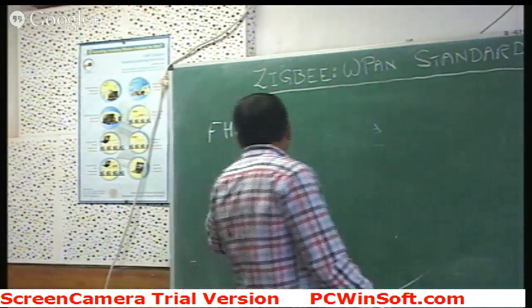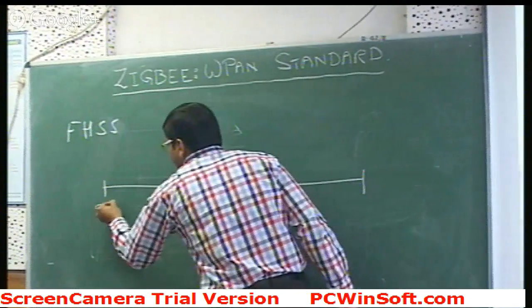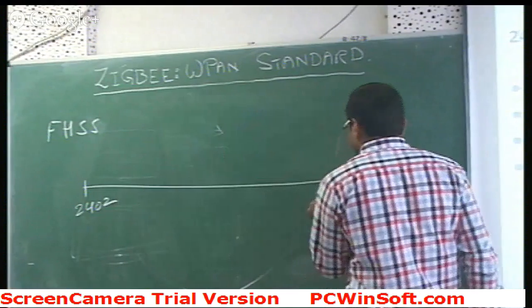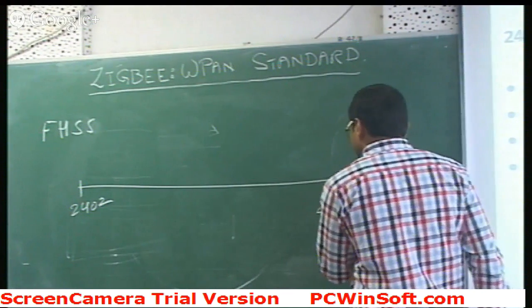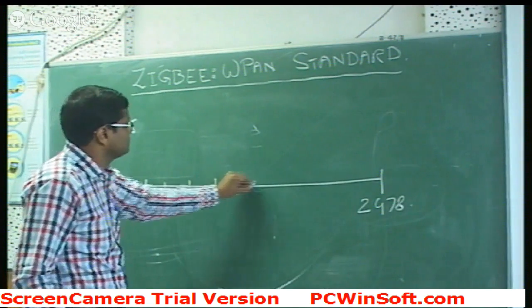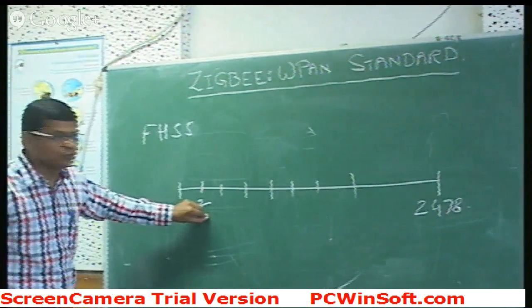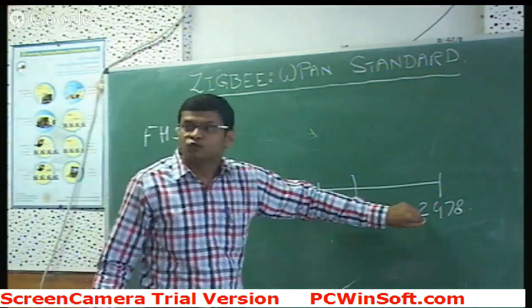As in the case of Bluetooth, there were around 80 channels available in the spectrum of 2402 megahertz to 2478.